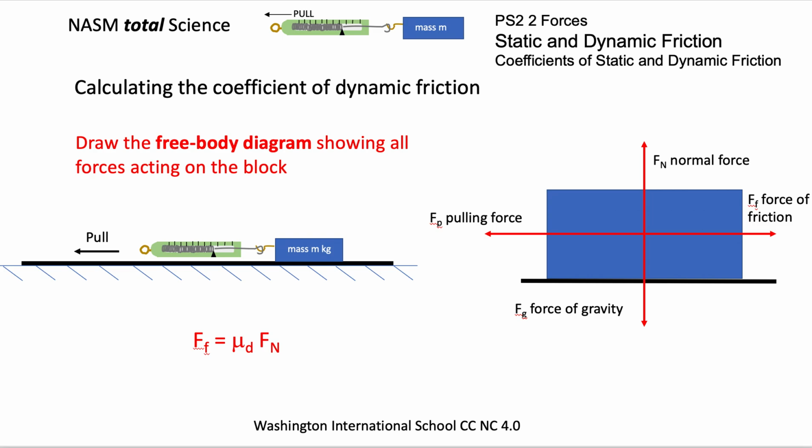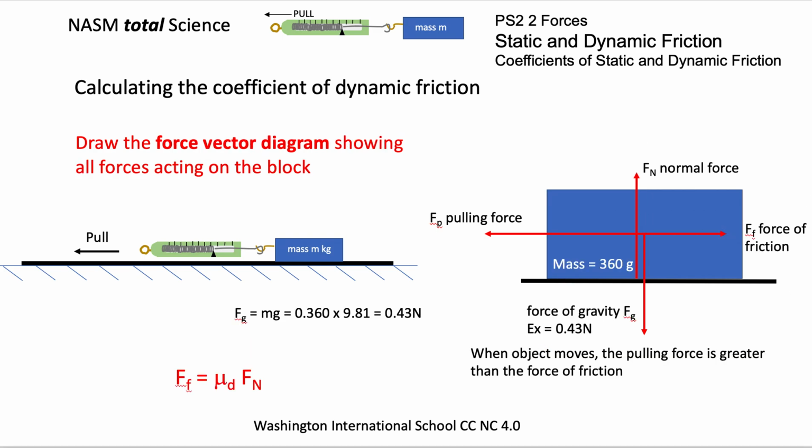And once it's moving and you've got a constant force, you have exceeded the force of friction. And then the normal force again, perpendicular to the surface, and here you've got the force of gravity going directly downwards, acting on the block.